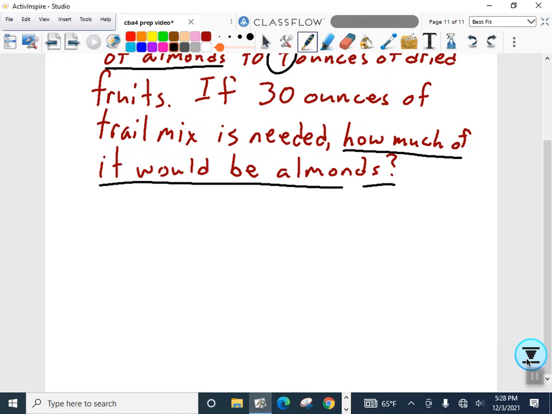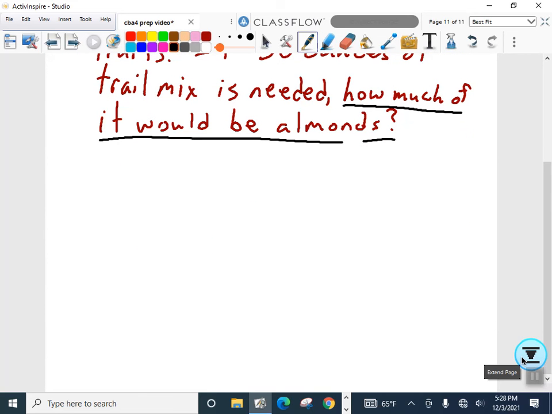So we know there's a total of 6 in a serving, and 2 out of those 6 ounces are going to be almonds. So this works out to be a third. I like to simplify the fraction.